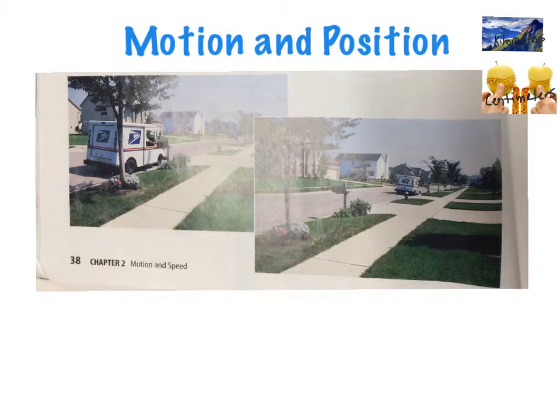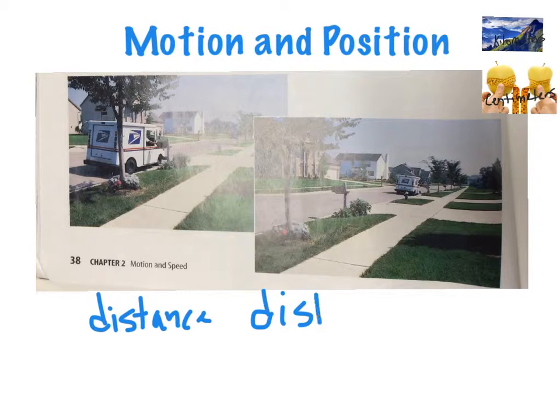Moving on to letter C. Letter C says that when we describe motion, it's important for us to measure distance. Distance, so write distance again, tells us how far an object has moved.